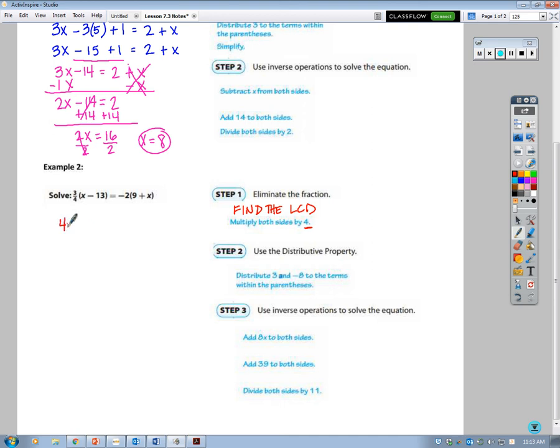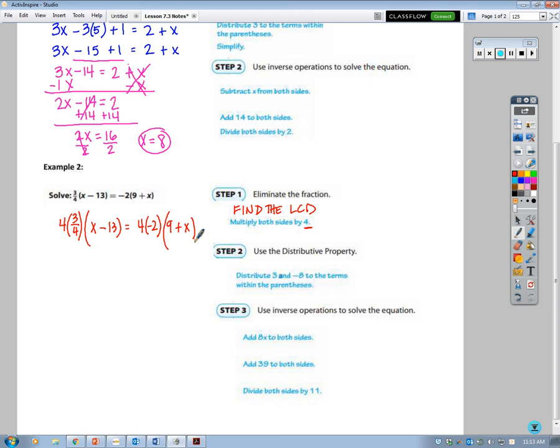So I've got 4 times 3/4, which is then multiplied by x minus 13, equals 4 times negative 2, and then that product would be multiplied by 9 plus x. Okay?